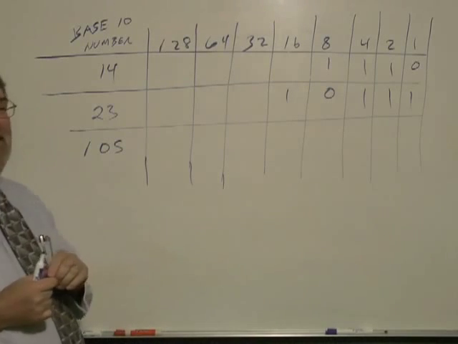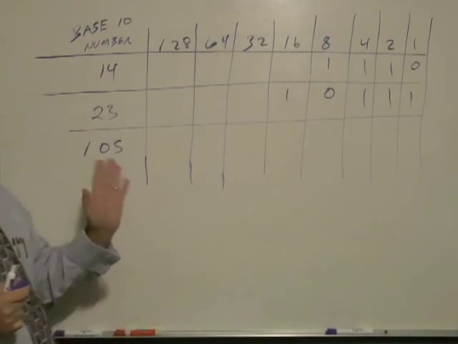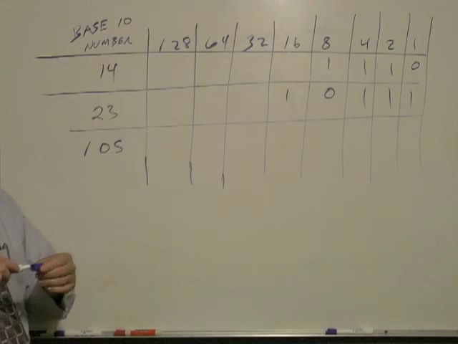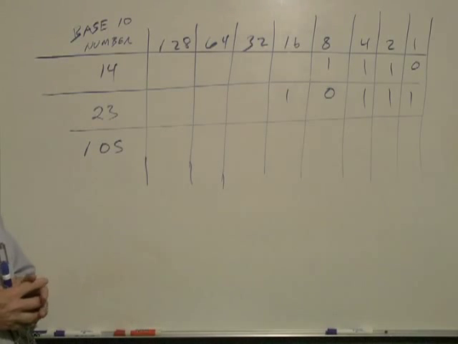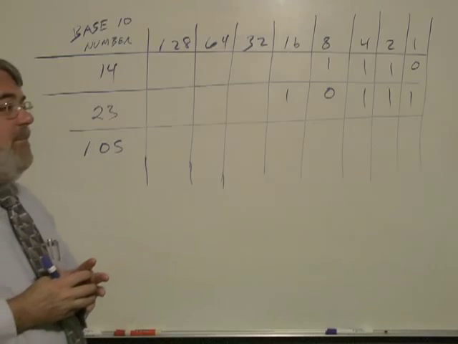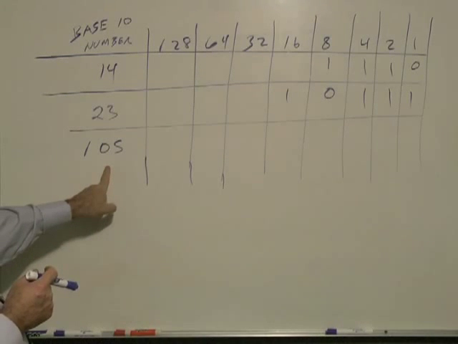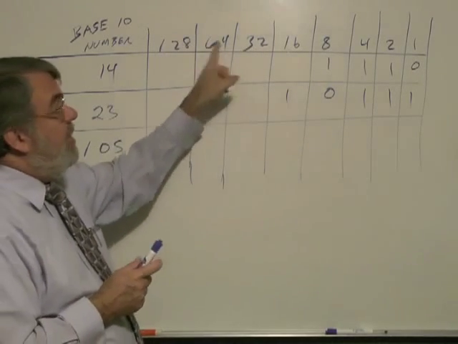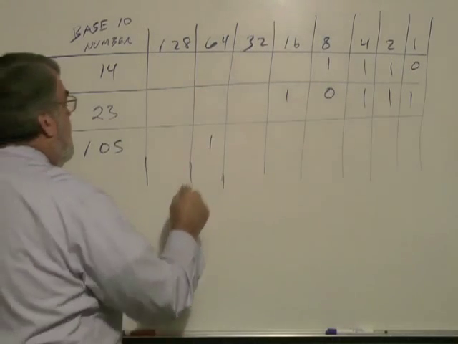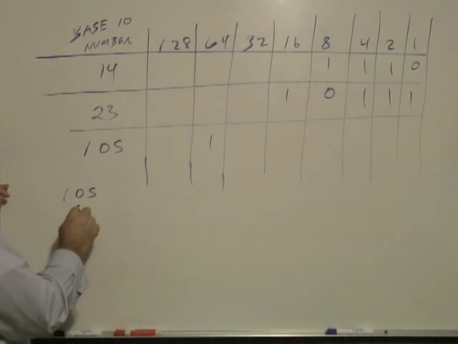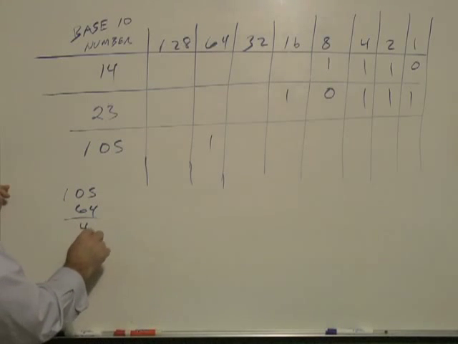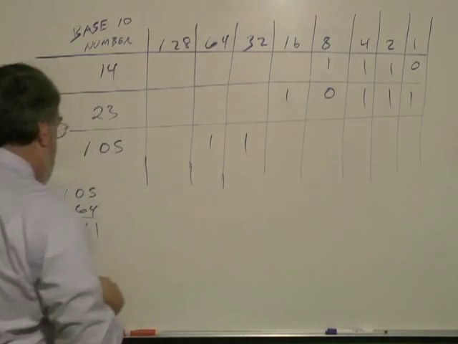105. Okay, let's see if you can get that one. So try this. Pause the video and see if you can figure out what 105 translates to in base 2. So our largest number we can subtract from this list would be 64. And so 105 minus 64 will be 41. From 41 I can subtract 32.